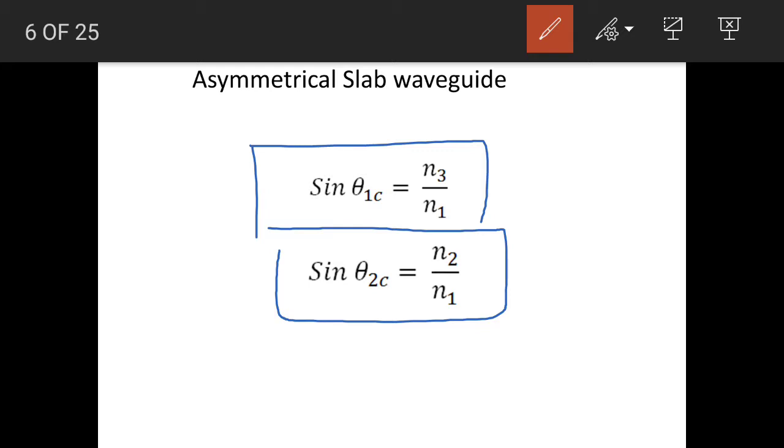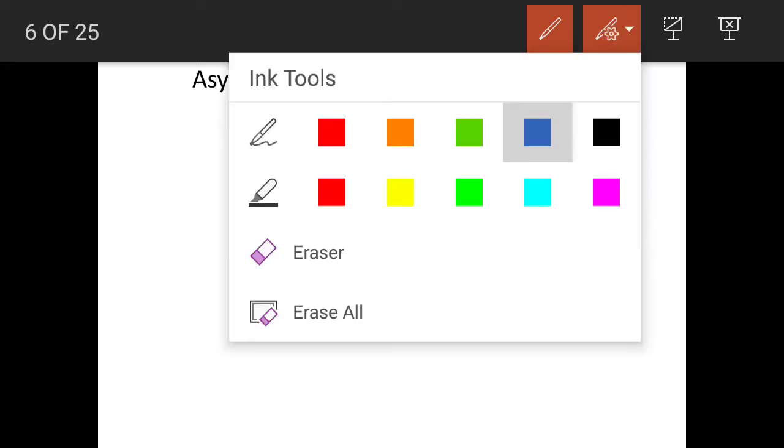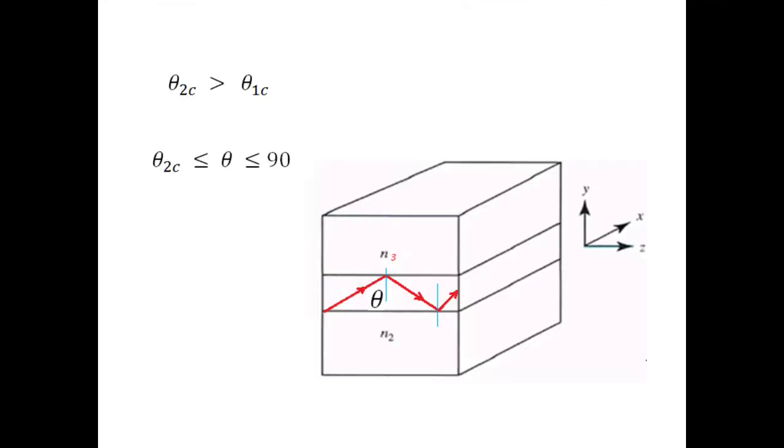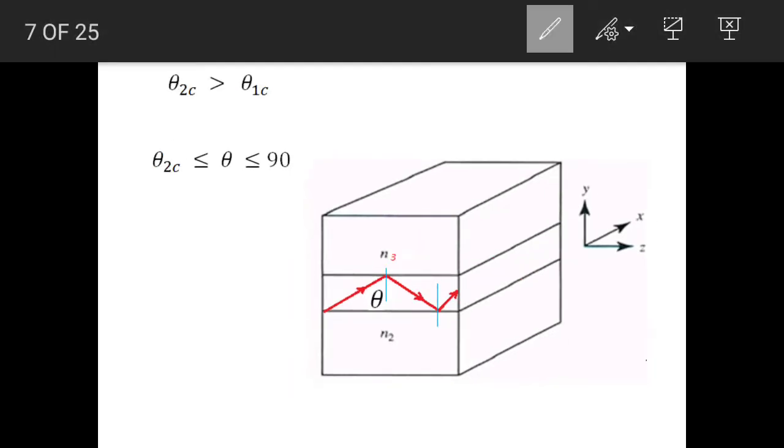Sine theta 1c will be equal to n3 by n1, and sine of theta 2c will be equal to n2 by n1. We assume that theta 2c is greater than theta 1c.